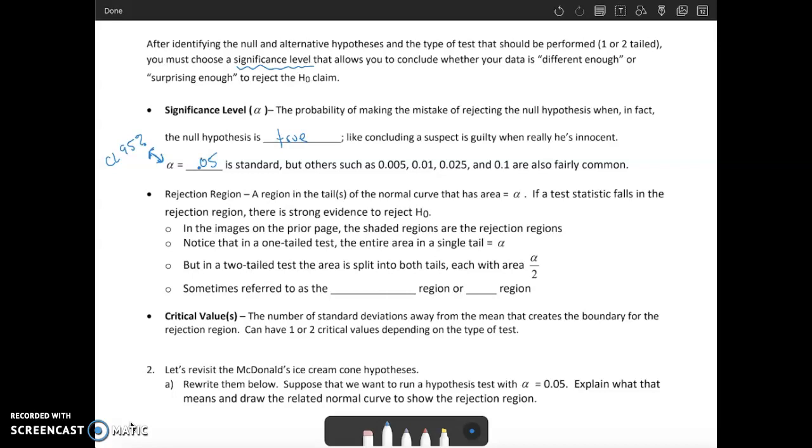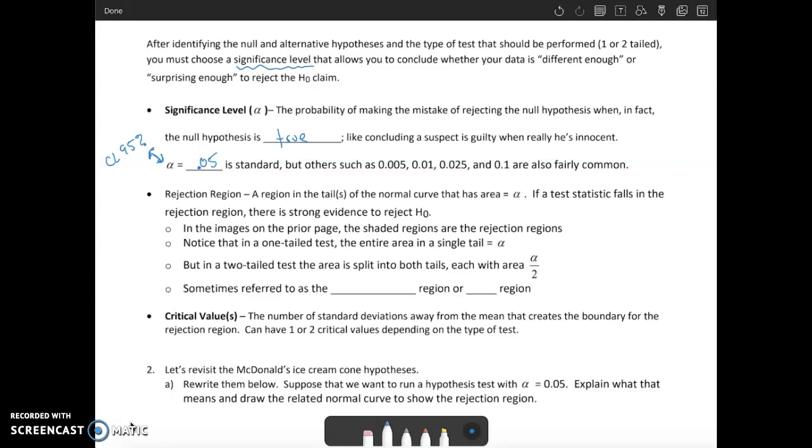However, there are other pretty common confidence levels, so there are also other pretty common significance levels. Other ones that you're very likely to see are 0.005, 0.01, 0.025, and 0.1. Those are all pretty common as well.